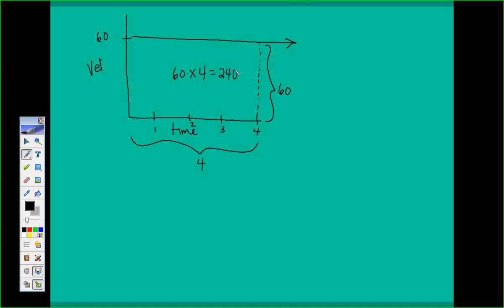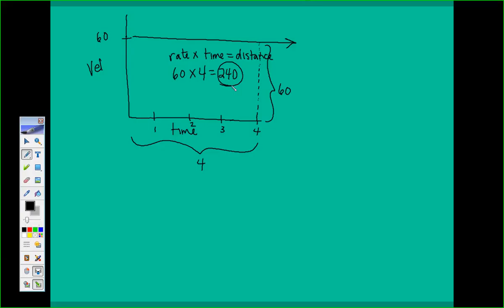And we know if we take rate times time, we get distance. So this would represent 240 miles, the distance that we've traveled using our velocity curve.